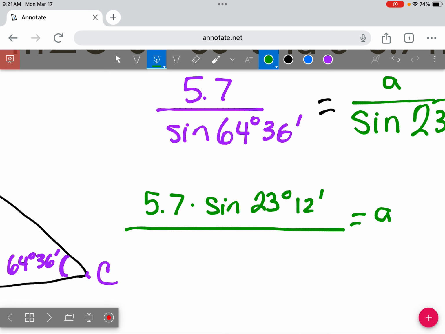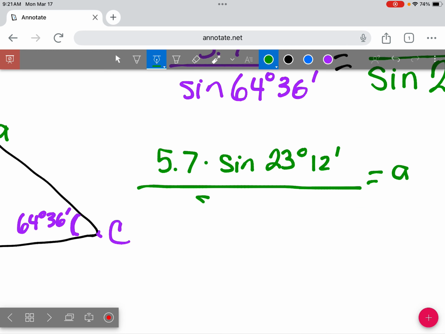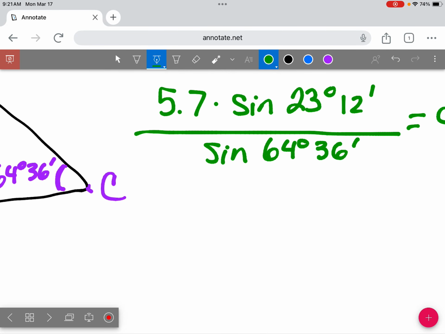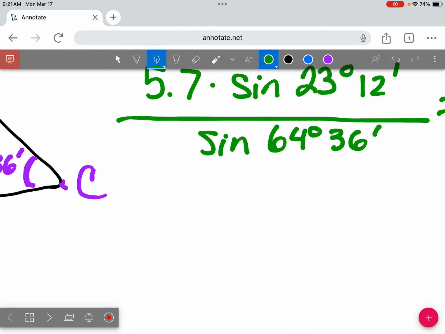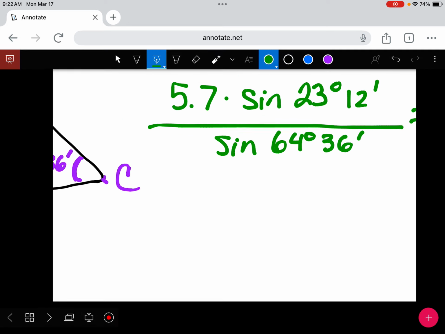Over our denominator that had our sine of 64 degrees, 36 minutes. Can I just type this in the calculator as sine of 23.12? No. Yeah, I was gonna say there's 60 minutes in a degree, right? So it's 12 out of 60.